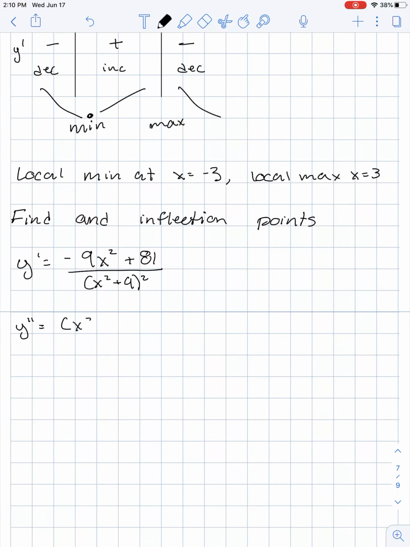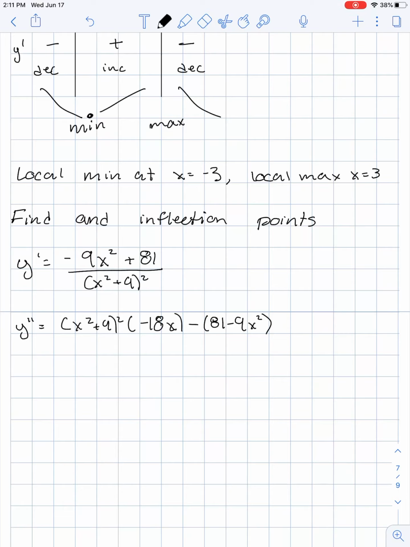So it's going to be low d high, so that's negative 18x minus, I'm going to write it 81 minus 9x squared, just for funsies.